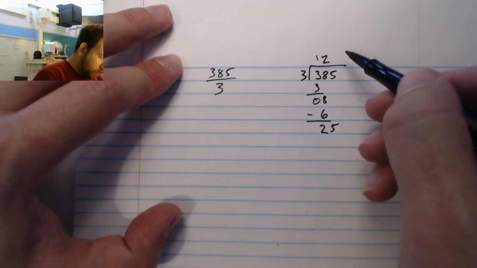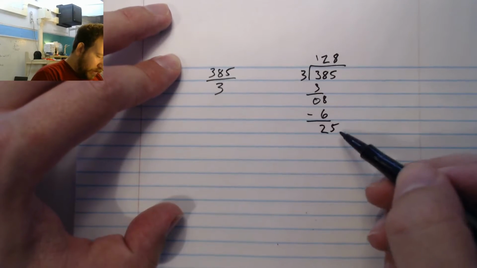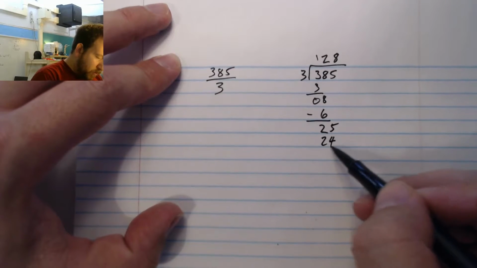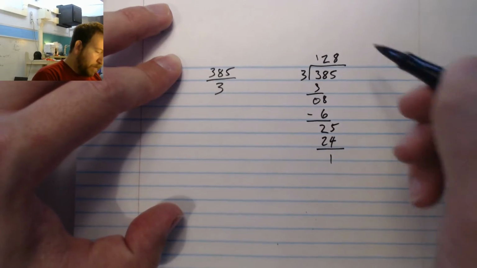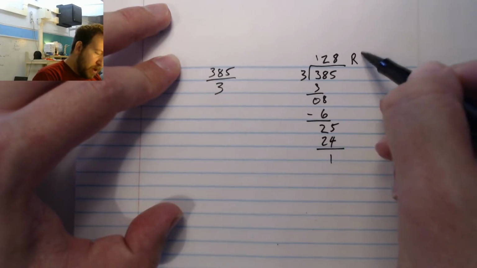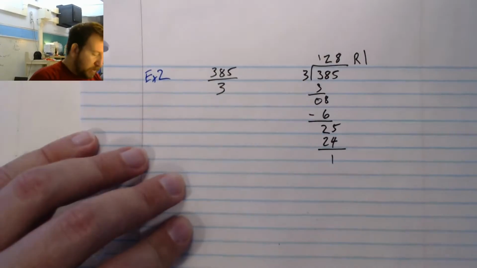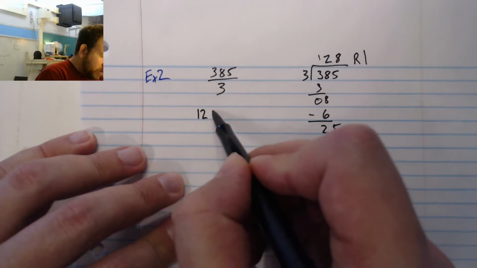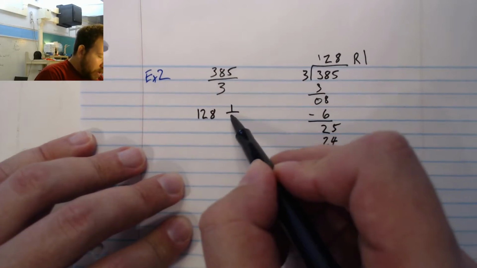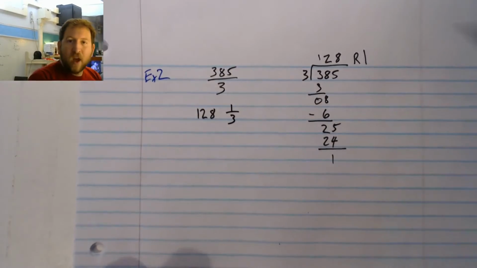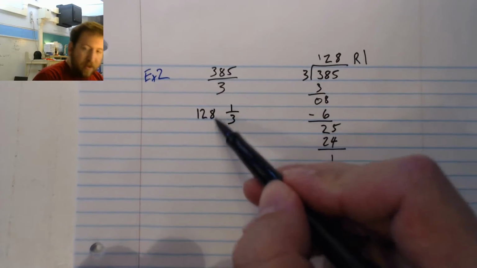Yep. 3 times 8 is 24, which gives me 1. So I can say I have 128, remainder 1. So that means 385 as a mixed number is 128 and 1/3, because I had 1 left, so I get the amount that I have here.